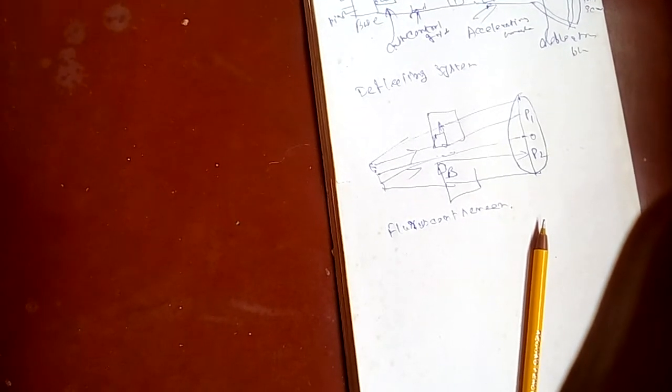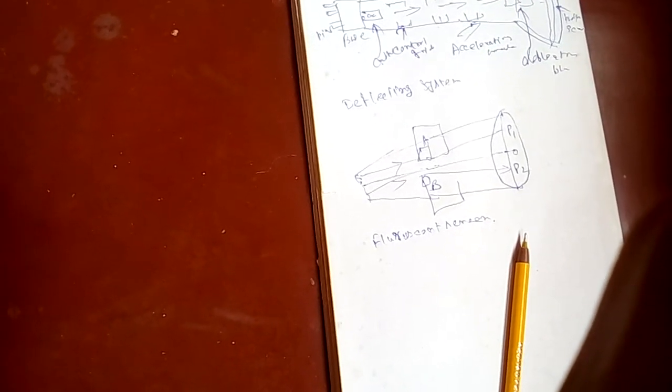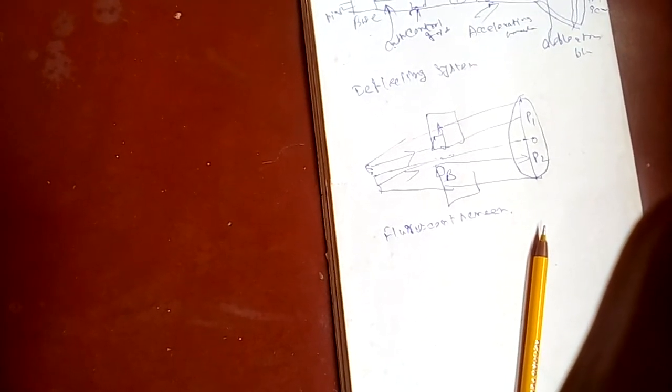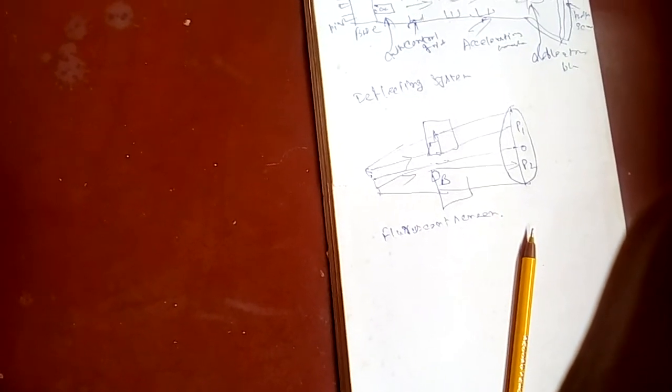Electrostatic deflection and magnetic deflection are the two types of deflection that occur in a CRO, cathode ray oscilloscope. There are some differences between them. Electrostatic deflection needs little power, but magnetic deflection requires large power to drive the electromagnet.